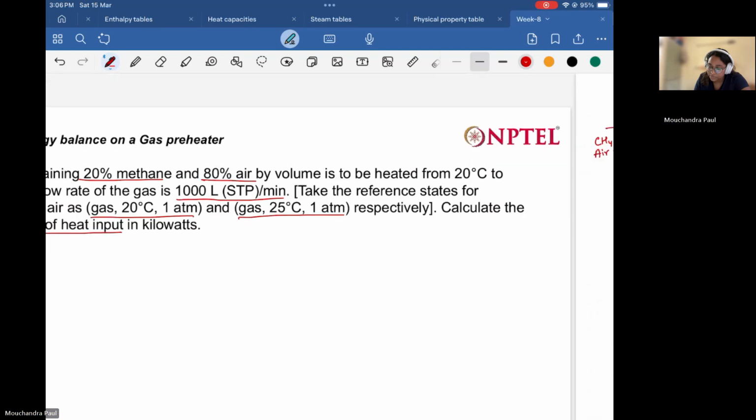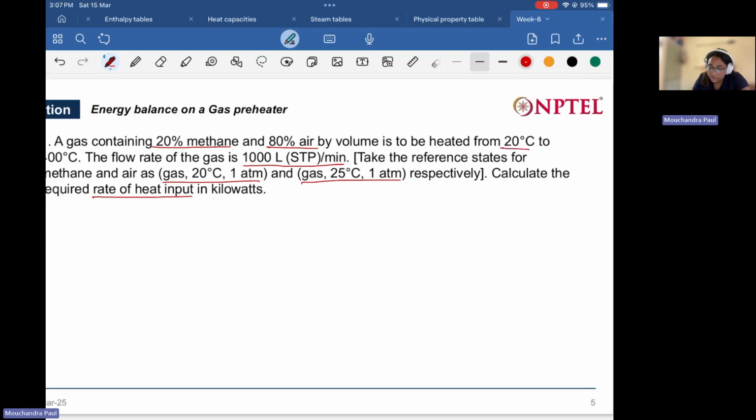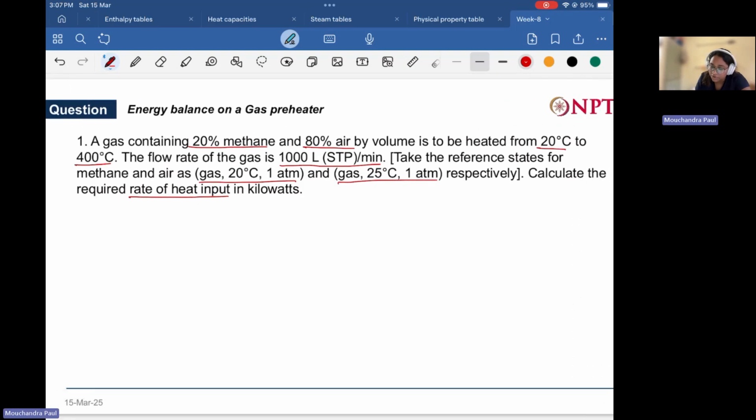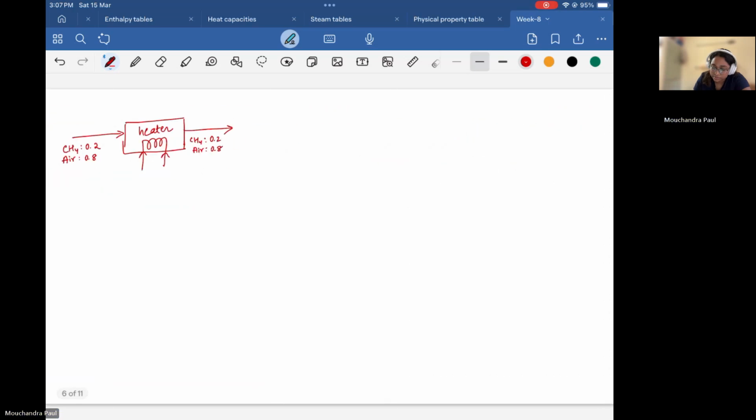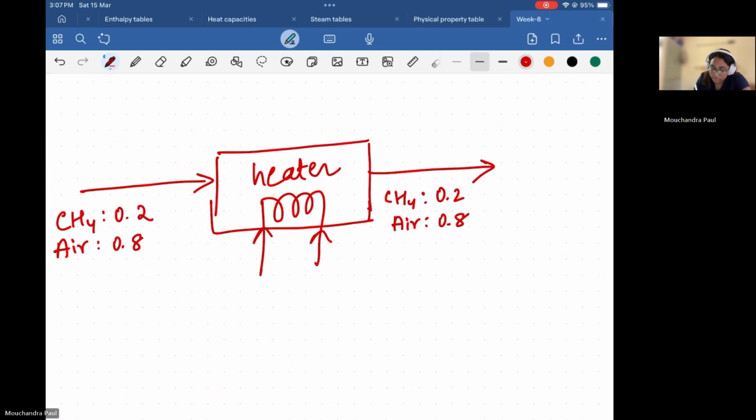Initially the temperature is 20 degrees Celsius, final temperature is 400 degrees Celsius. The same information will be added to this diagram as well.